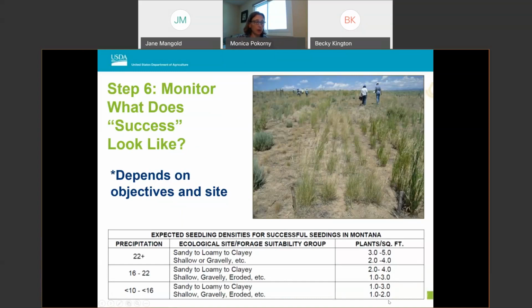So what we aim for with seeding is to get somewhere between 1 and 5 seedlings established per square foot. And that doesn't sound like a lot, but once they start to mature, we have a lot of bunch grasses, we have a lot of rhizomatous grasses, and you can see in this field trial, I mean, one of these bunch grasses almost covers a square foot.